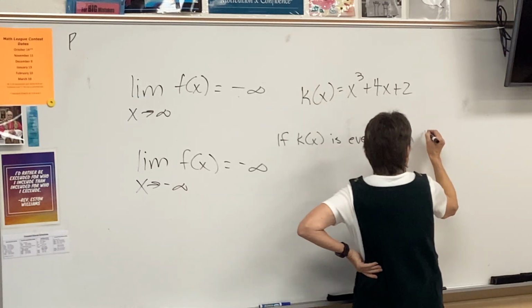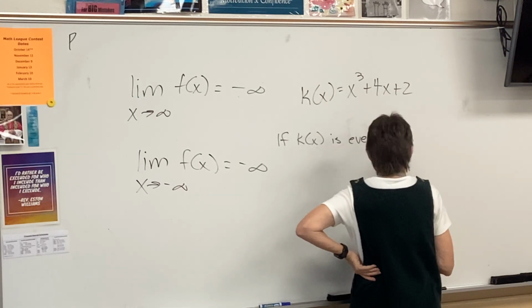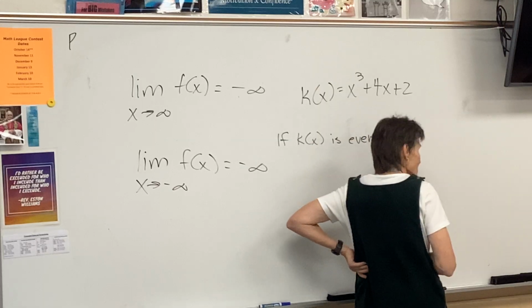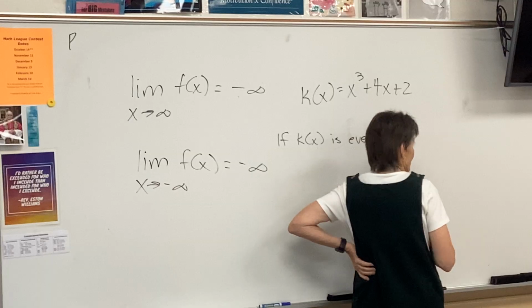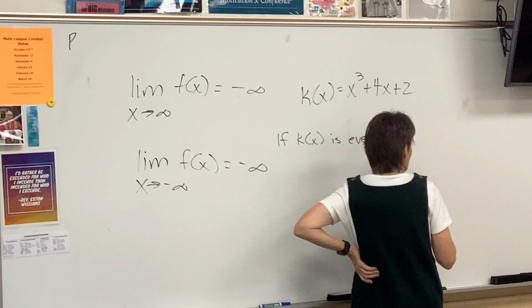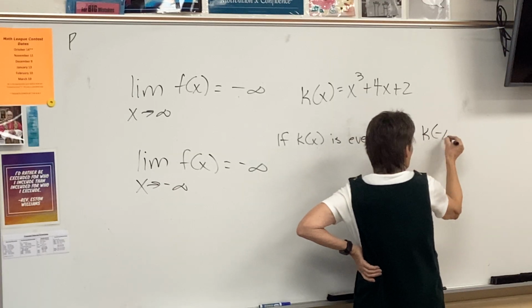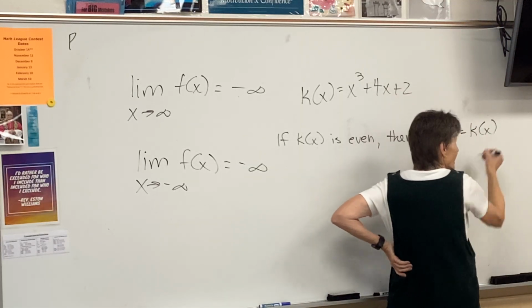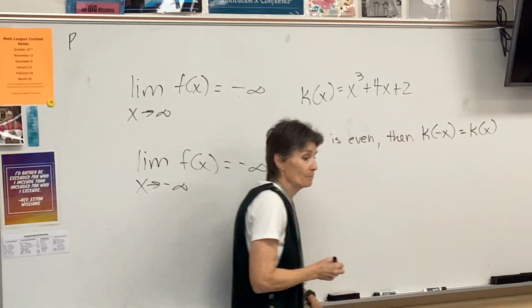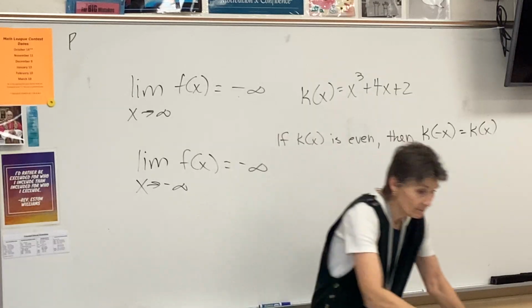Charlie? The function is symmetrical across the y-axis. Bingo. What does it mean algebraically in function language? But yes, you're right, graphically that would be the case. K of negative x is the same as k of x if it is even.